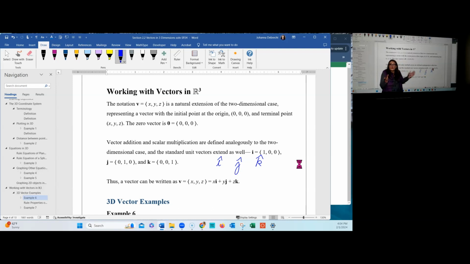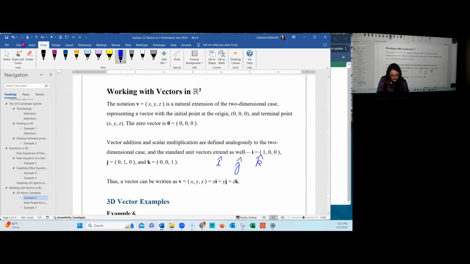So it's the 1-unit vector in each of the directions of the axes. Now, this means that any vector that we have can also be written in terms of i, j, and k. So we can write xi plus yj plus zk, which would represent the same vector as <x, y, z>.